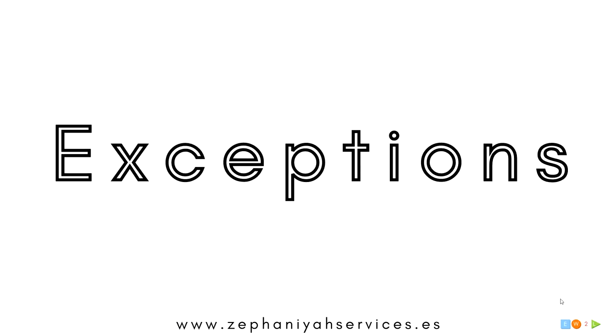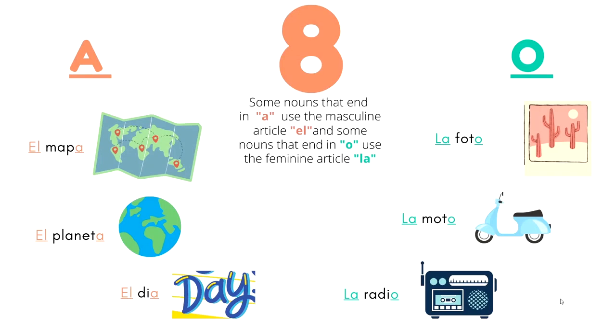Let's go over some exceptions. Some nouns that end in A use the masculine article el, and some nouns that end in O use the feminine article la. I know it's a bit tricky, but these are some exceptions.